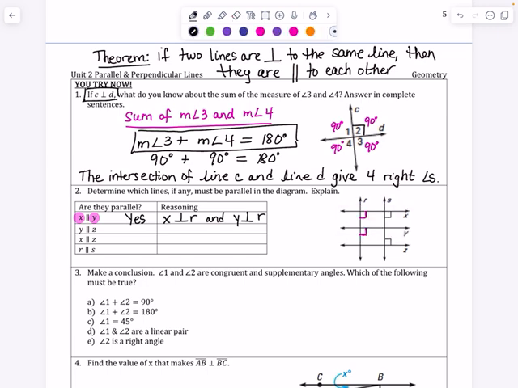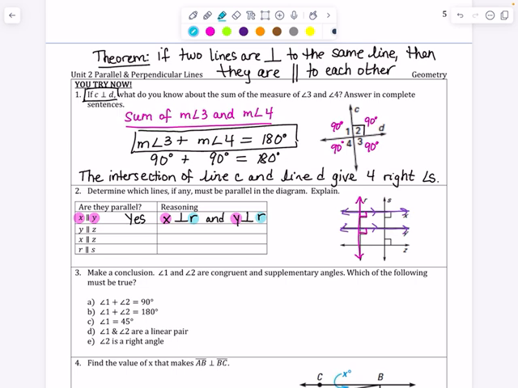So if I have my two lines that I'm starting with, line X and line Y, this one and this one, they are both perpendicular to line R given in the diagram. So because X and Y are perpendicular to R, they are parallel to each other. That is what you need to show in the box. X and Y are both perpendicular to the same line R.